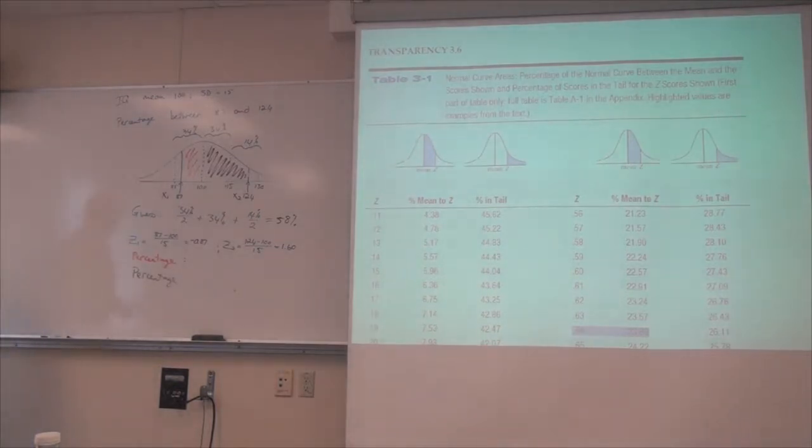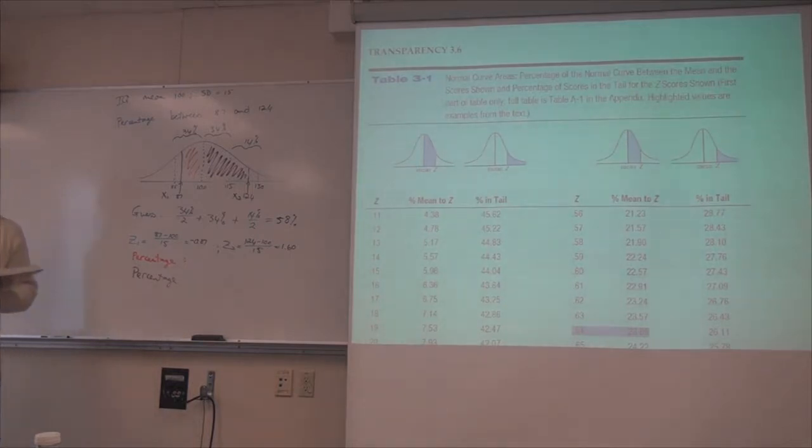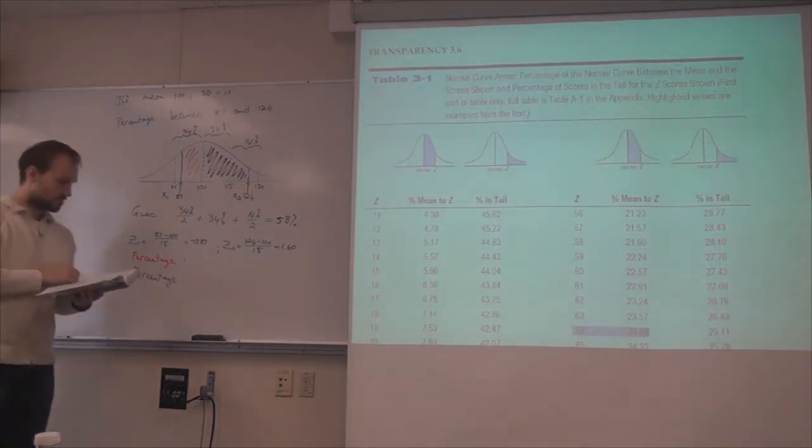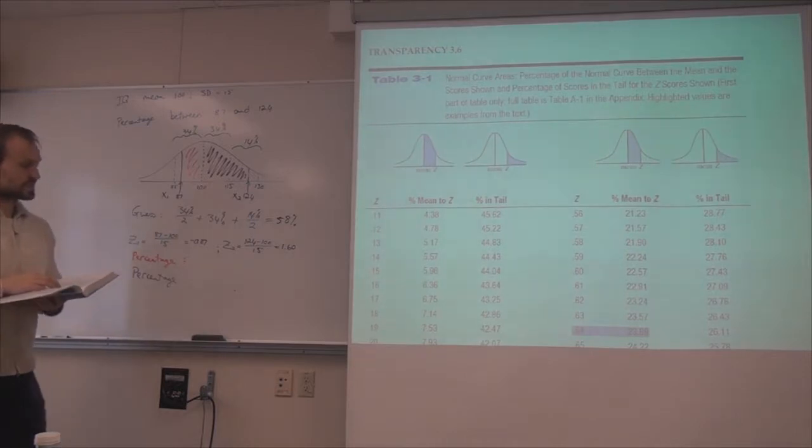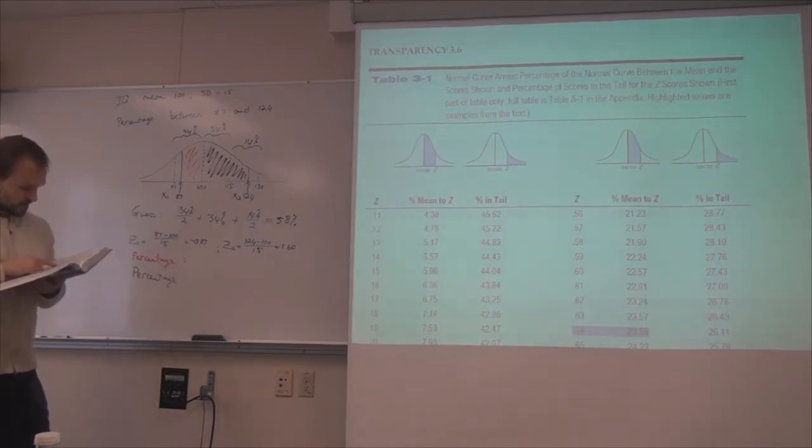So let's do the red one first. What is the z-score that I'll look up in the table? 0.87. 0.87 is on page 674.